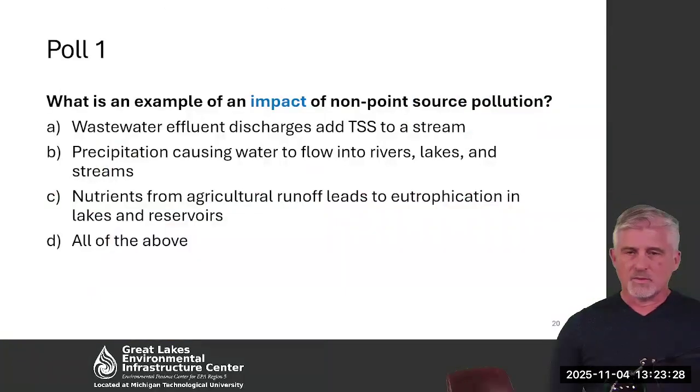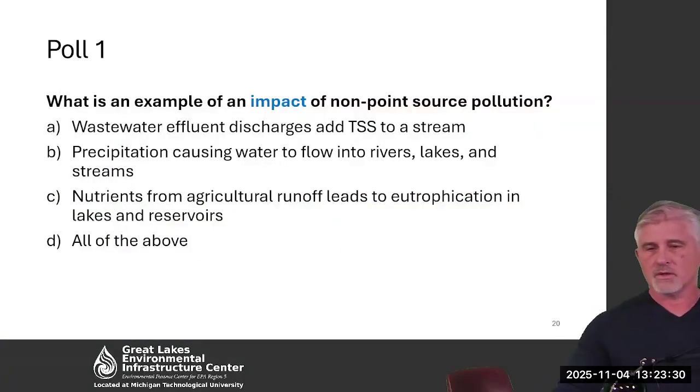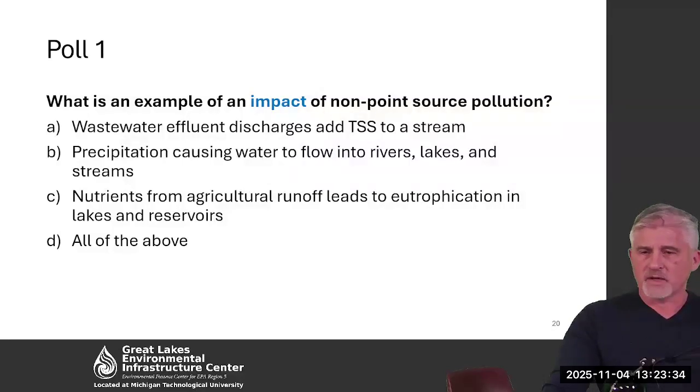So now we will go on to our first poll. And poll number 1, thank you for putting that up, Scott. What is an example of an impact of non-point source pollution? A, wastewater effluent discharges add TSS, total suspended solids, to a stream. B, precipitation causing water to flow into rivers, lakes, and streams.